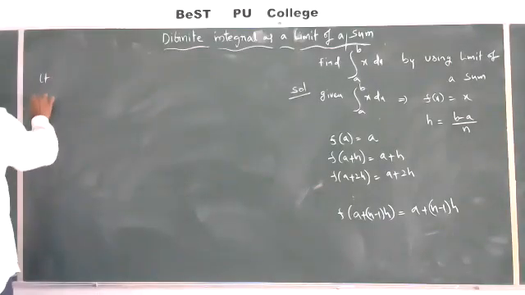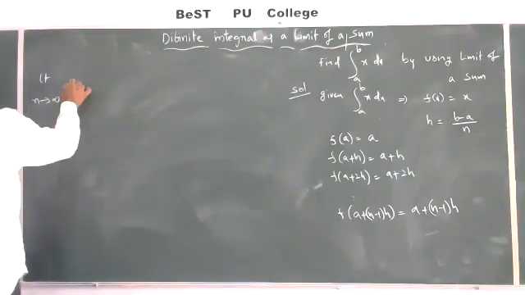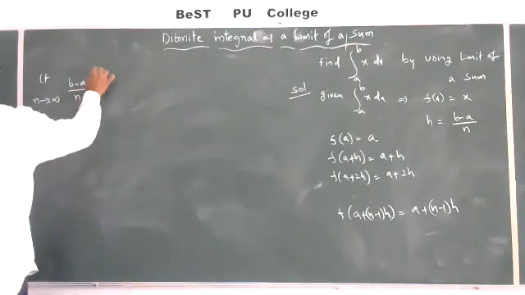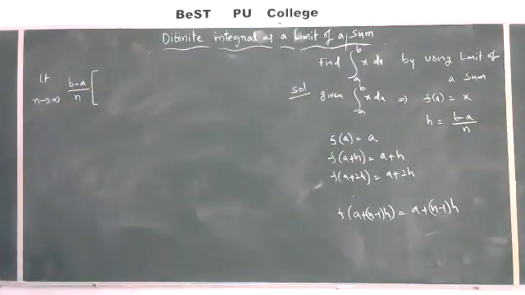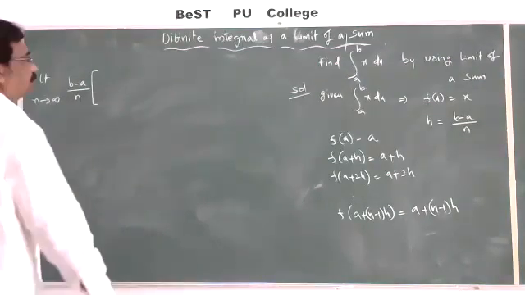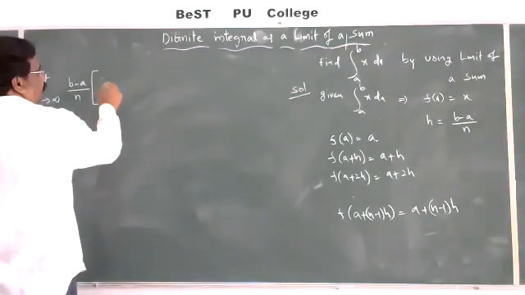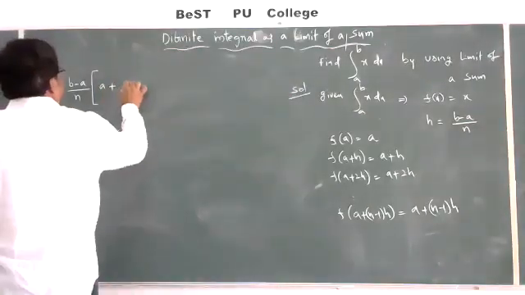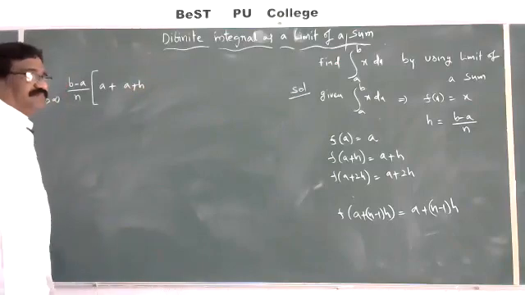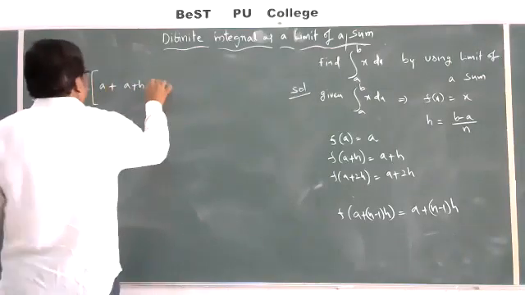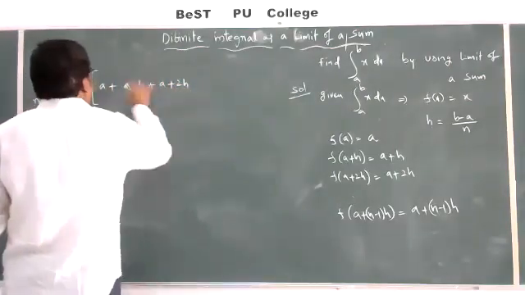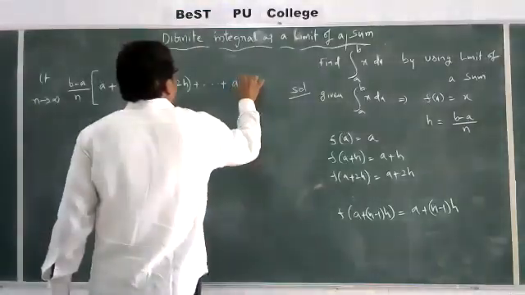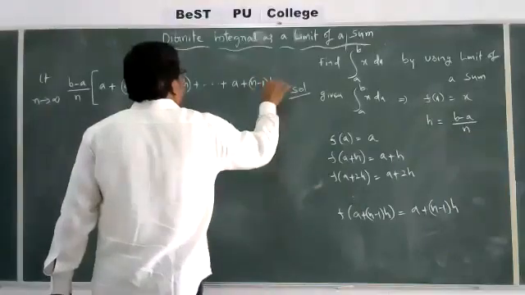Limit n tends to infinity. h is b minus a by n. First f of a is a, f of a plus h is a plus h, a plus 2h, and so on up to a plus n minus 1 into h.